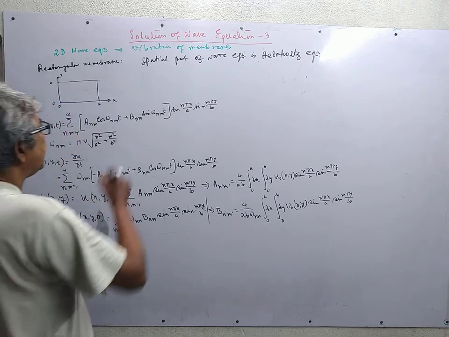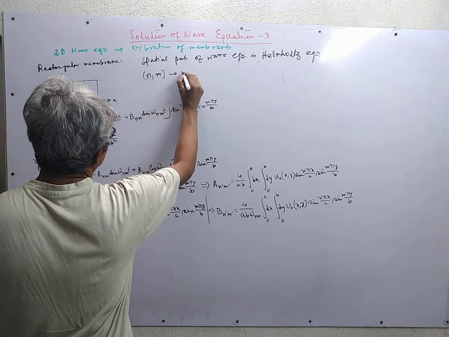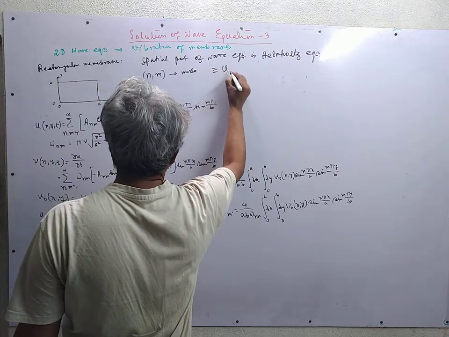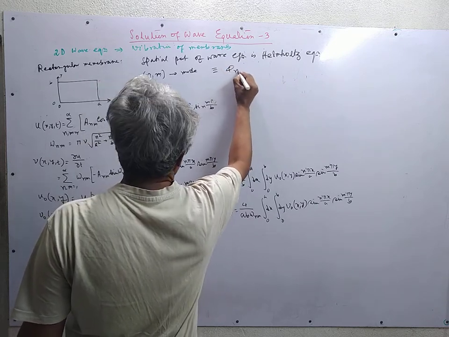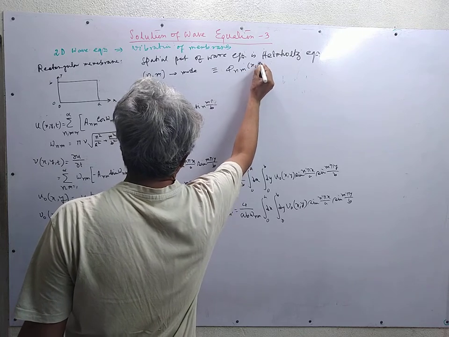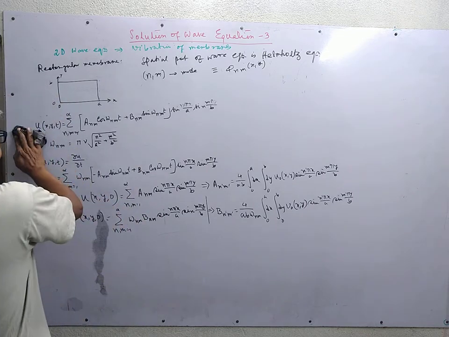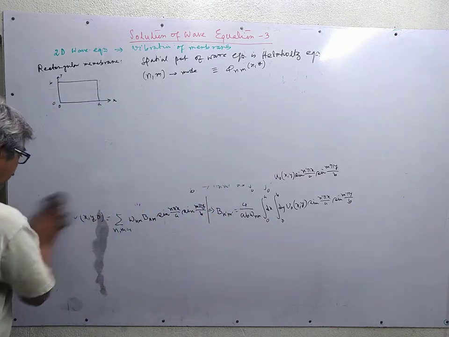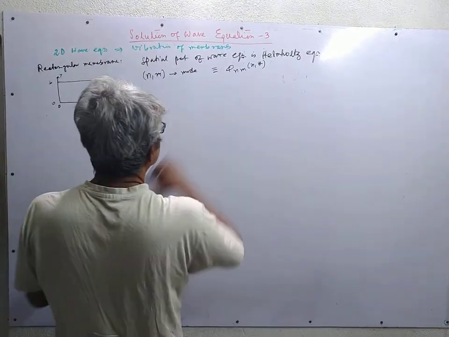We say the n m mode is represented by phi n m x y, and we want to see what happens in this case. So n m mode means the spatial part is given by this equation.